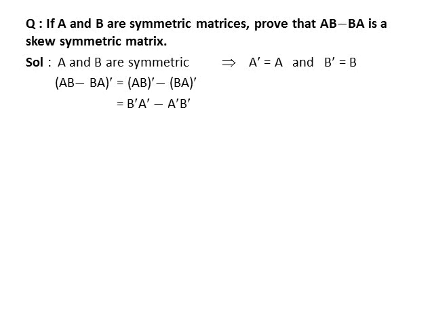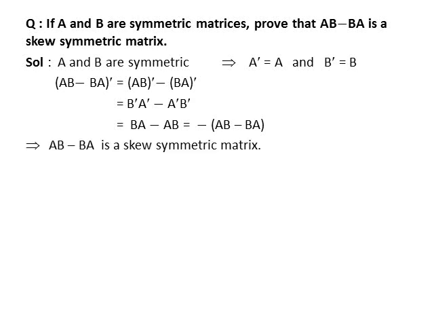Now, using the reversal law of transpose, we write it as B transpose A transpose minus A transpose B transpose. Replace B transpose with B and A transpose with A, we get BA minus AB, which equals minus of AB minus BA. As we have shown that the transpose of AB minus BA equals the negative of AB minus BA, AB minus BA is a skew symmetric matrix.